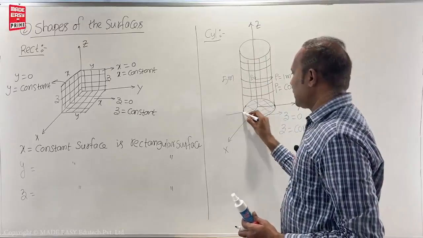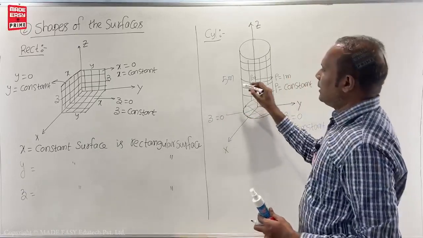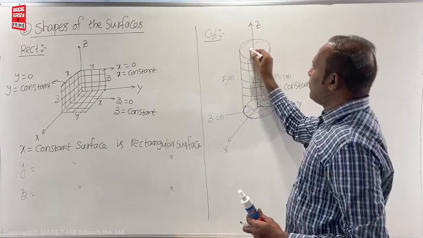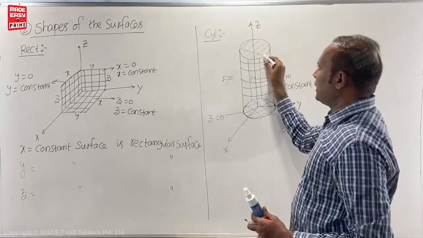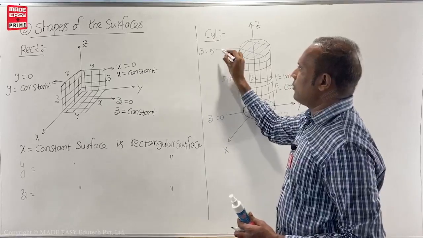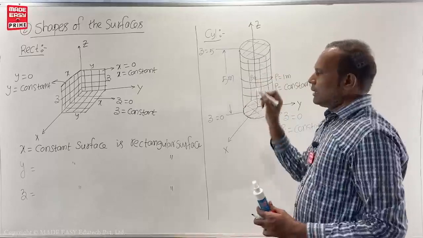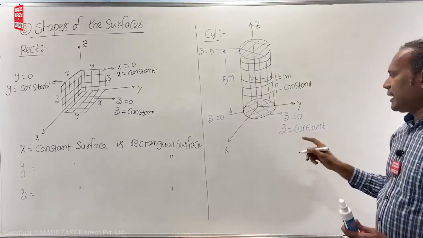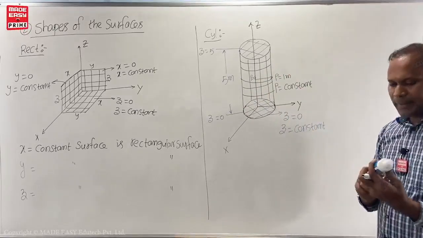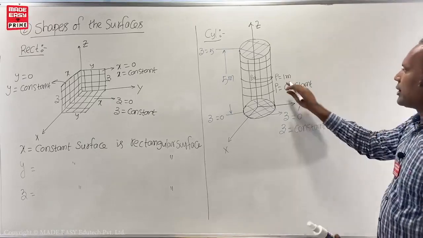Now here this is z is equal to 0 circular surface, and this is once again one more circular surface. For this circular surface z is equal to 5. This 5 is also constant, dear students. So z is equal to constant in the cylindrical system is a circular surface, and rho is equal to constant is a cylindrical surface.